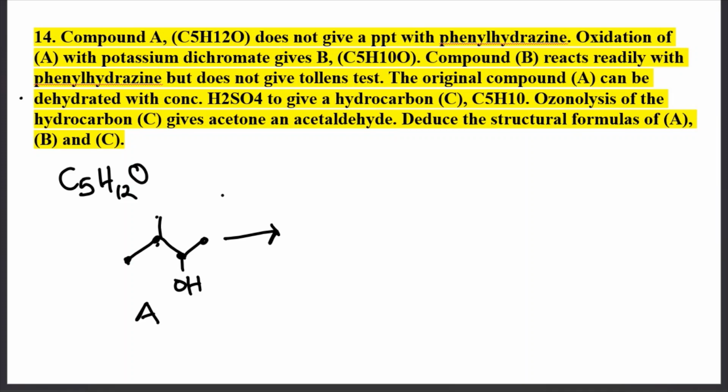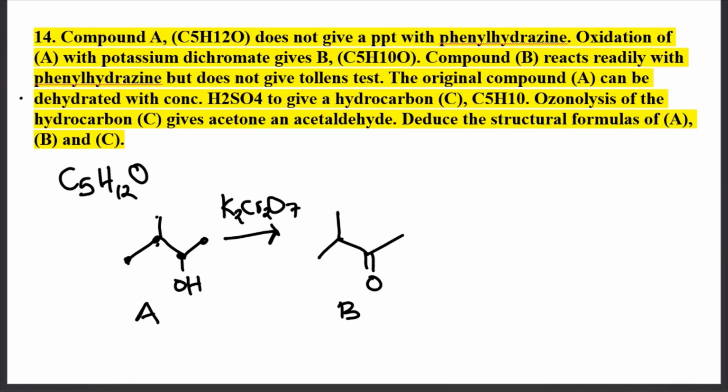oxidized by potassium dichromate. Remember what we said about oxidation? The H is going to go, and then there's going to be a double bond between the carbon and the oxygen. So it will form this. So this is compound B. Compound B reacts readily with phenylhydrazine but does not give a Tollens' test.